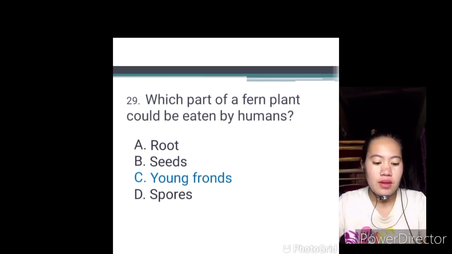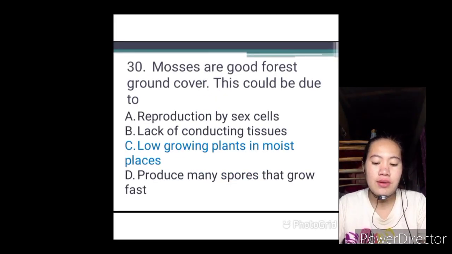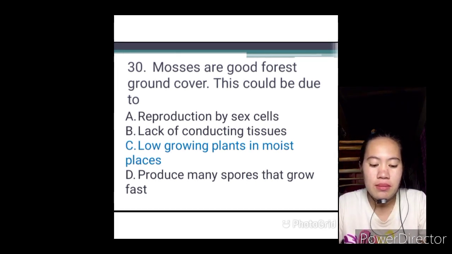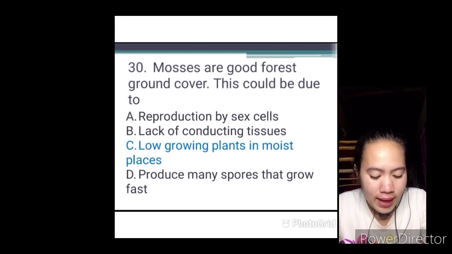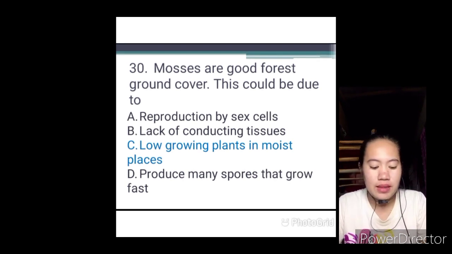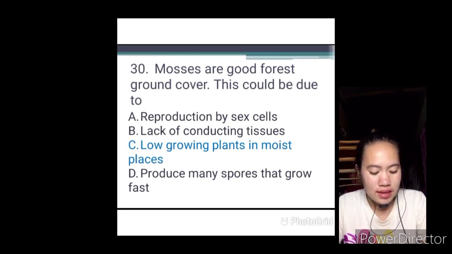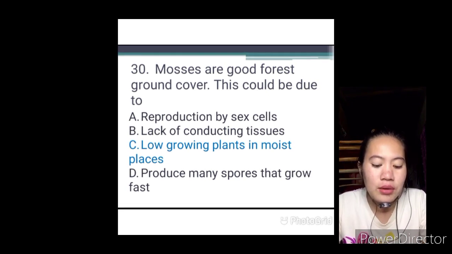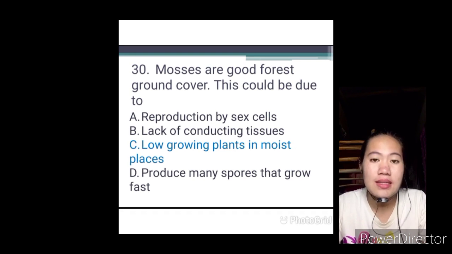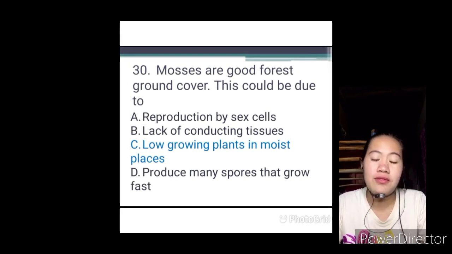Number 30. Mosses are good forest ground cover. This could be due to letter A, they reproduce sexually and asexually. Letter B, lack of conducting tissues. Letter C, low-growing plants in moist places. Letter D, produce many spores that grow fast.